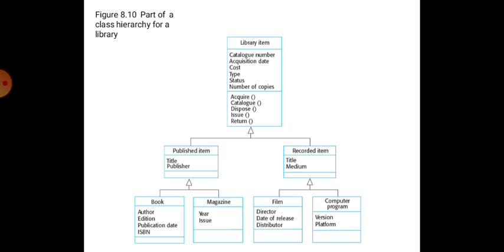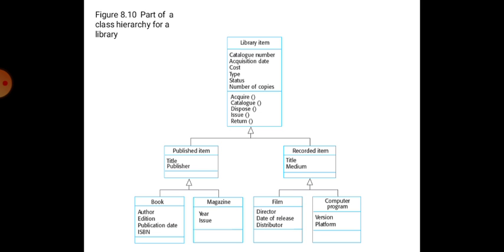The name of the object class is library item, in the very top section. In the middle section we have the attributes. Attributes are nothing but characteristics which give more information about an object. Catalog number, acquisition date, cost, type, status, number of copies, all these are related to a book or any library item.